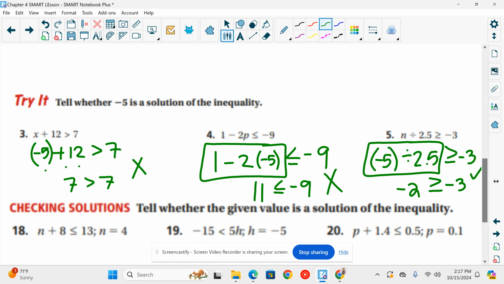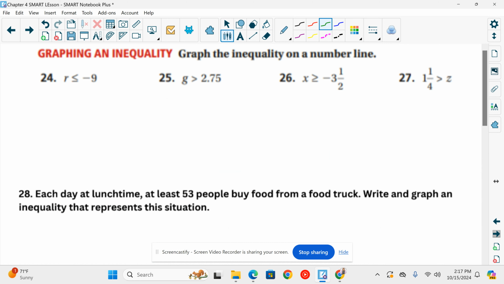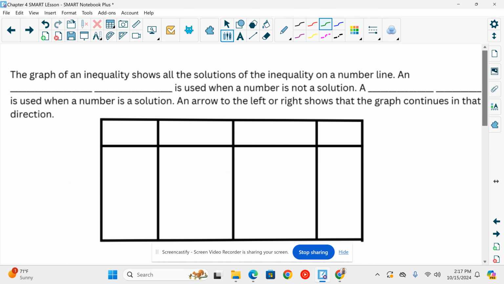Alright, flip it over. The third thing that we can do, that we talked about last year, is we can graph them. If the number is not a solution, if it's not included, it has an open circle. Y'all remember us graphing open circle, closed circle, left or right?